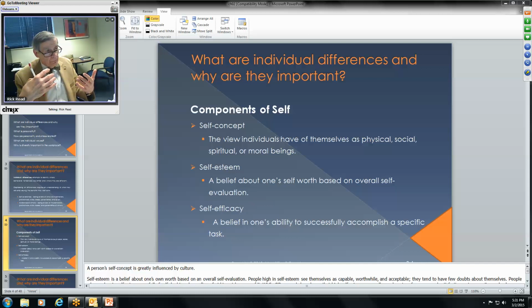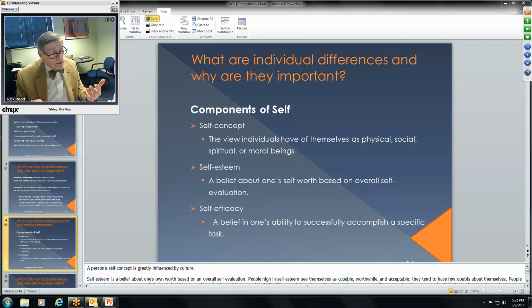And that has a lot to do with how we perceive things, which we're going to talk about in the next chapter, but also has a lot to do with how we interact with people and how we do things on the job. If we have good self-esteem, we're going to probably do well. If we don't have real good self-esteem, we're probably looking for a scapegoat someplace.